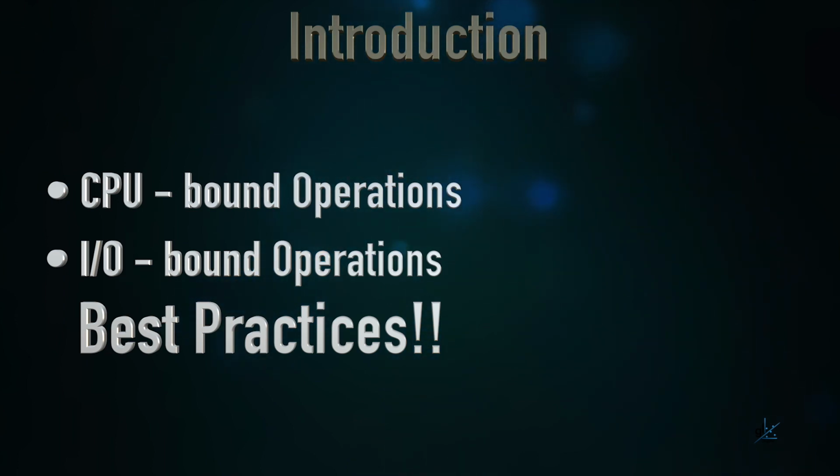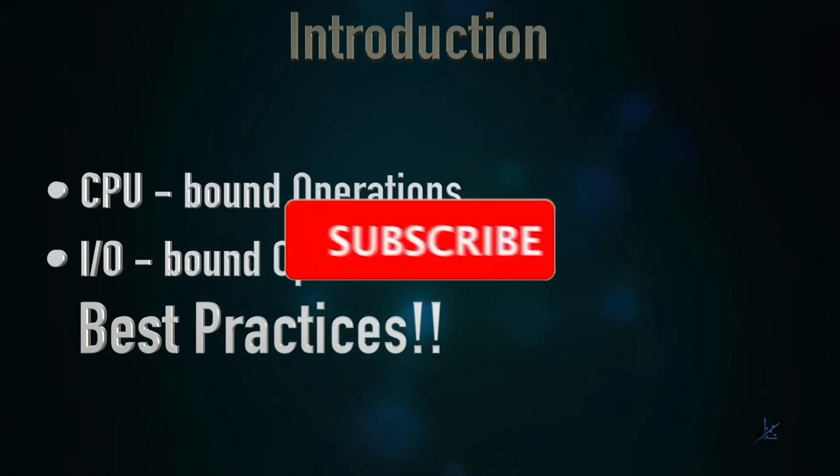I/O-bound operations are also generally a lot slower than CPU-bound operations. So this video is about best practices when applying asynchronous code in our applications. Please view the first and second parts of this video series on asynchronous programming for a foundational understanding of I/O-bound operations and CPU-bound operations in the context of asynchronous programming in C#.